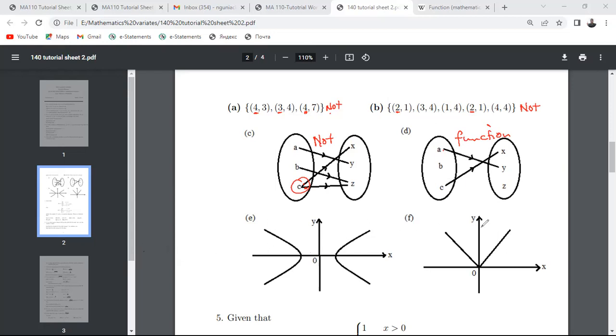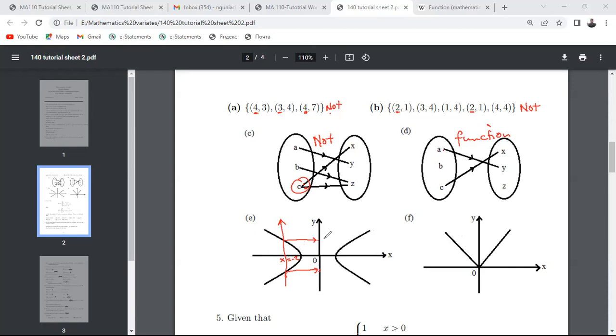So if you are to draw the line test, this is the x axis. If you take your x to be, let's say, -2, you find this -2 is giving you this y value, and it's also giving you this y value. So you do the vertical line test, and you find that it's giving 2 y coordinates for the same value of x.